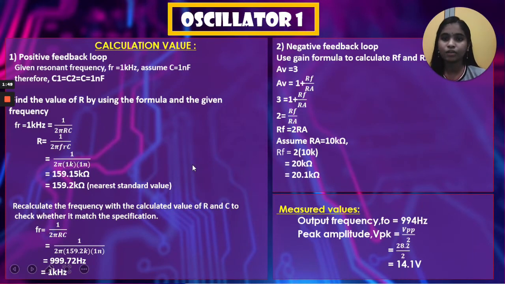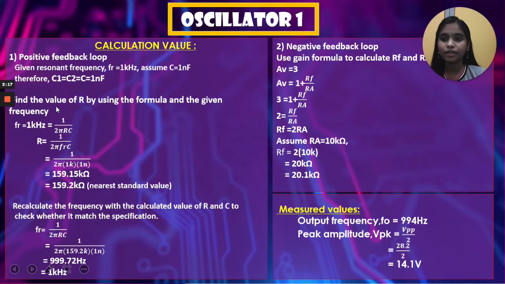The calculation part. There are two different feedback loops. First, the positive feedback loop, and second, the negative feedback loop. For the positive feedback loop, given resonant frequency Fr equal 1 kHz, assume C equal 1 nanofarad. Therefore, C1 equal C2 equal C equal 1 nanofarad.